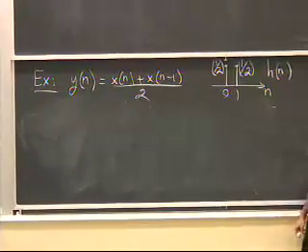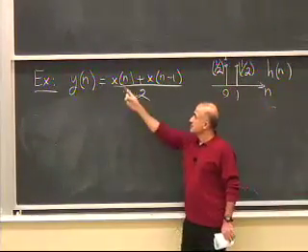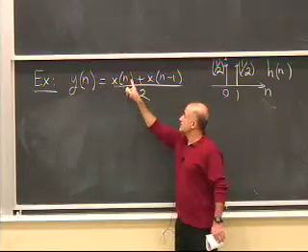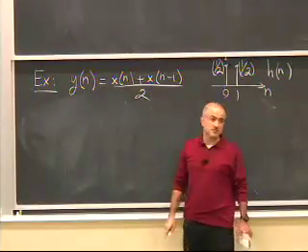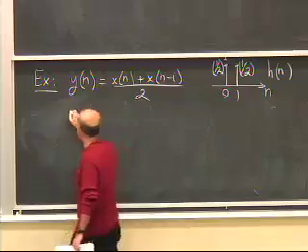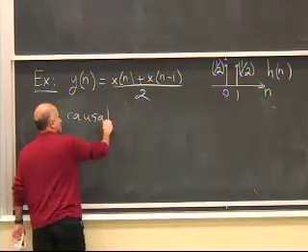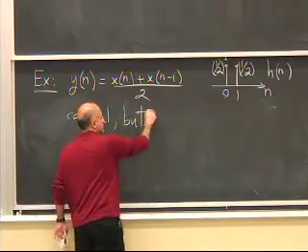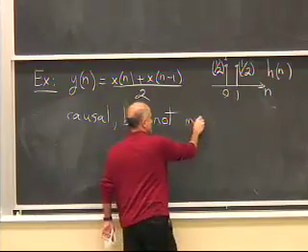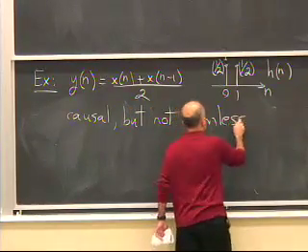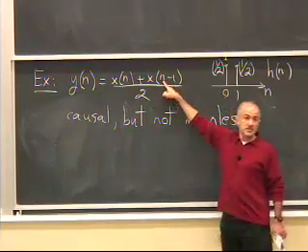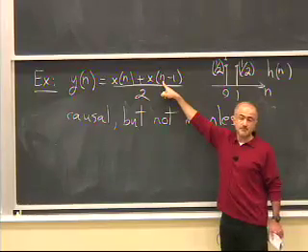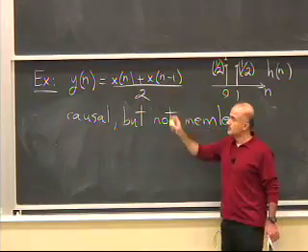Is it causal? It's causal because y at n depends only on the current and previous values of x. So this is causal. But again, it's not memoryless, because of the presence of this delayed version of x in here.